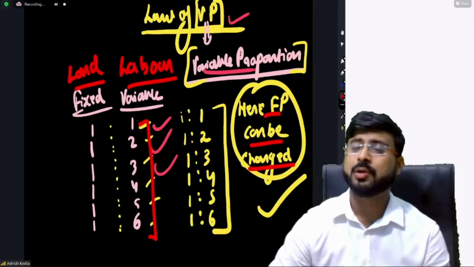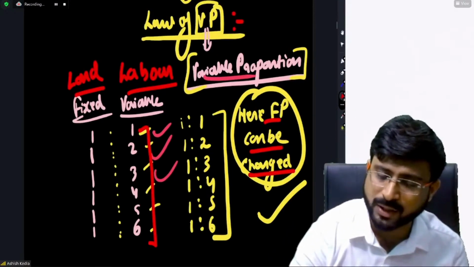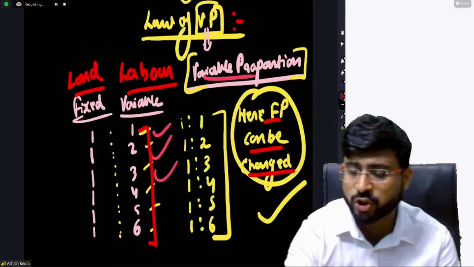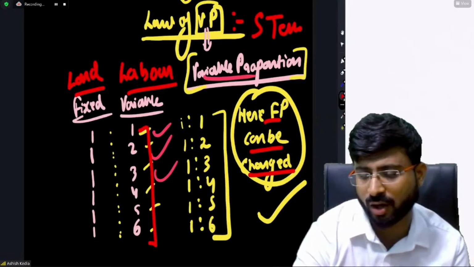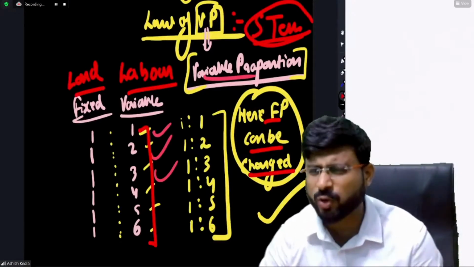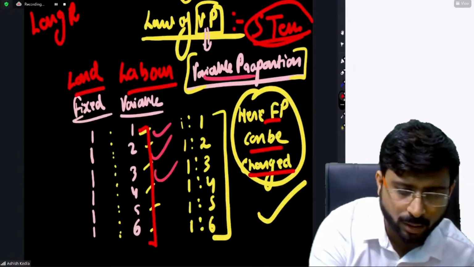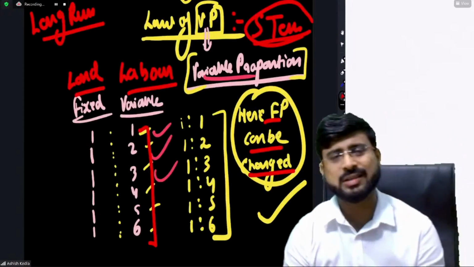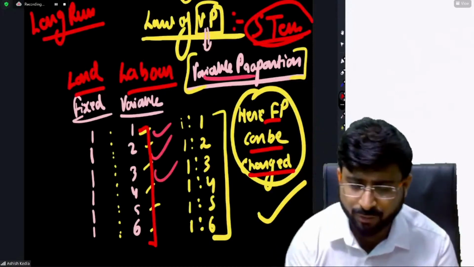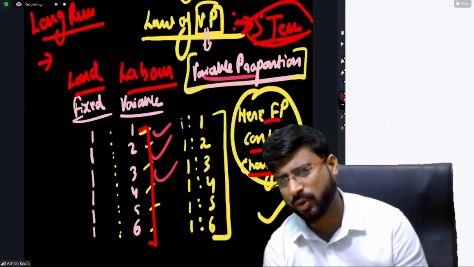Yes, sir. But now, the law of variable proportion was operable in which term? In the short run, a short time period, right? Friends, any of you remember which law operates in the long run? I have taught you the name of the law, at least. Can you tell me which law works in the long run? The law of variable proportion runs in the short run. We know this.